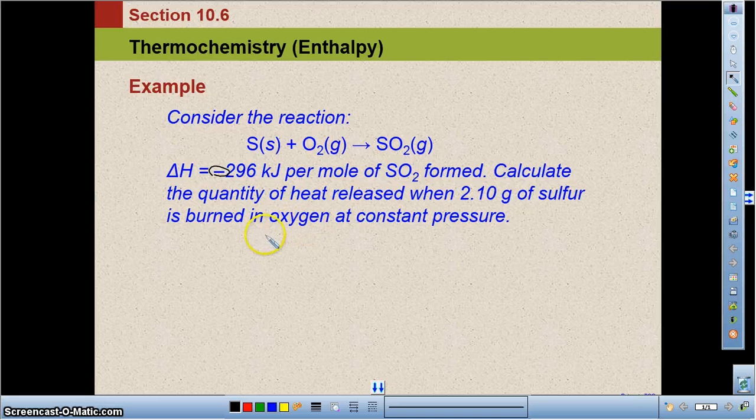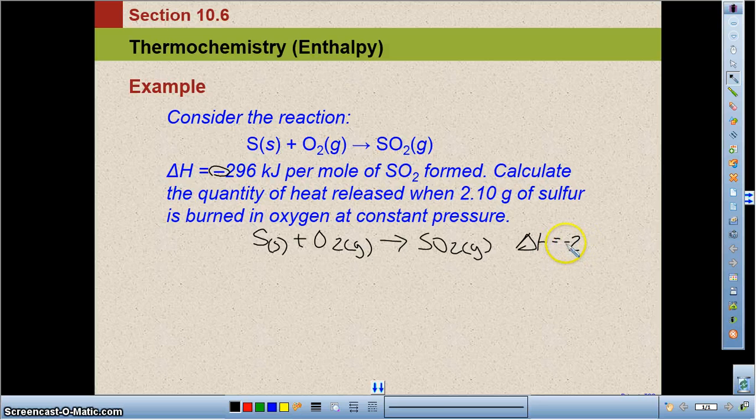So let's take a look at what we have. Let's rewrite this so I can put the information that I want below it. It makes it a little clearer for me to look at. And it's important to put the states because that's going to come into play when we cover Hess's law. So this reaction is going to give off 296 kilojoules per mole of SO2.